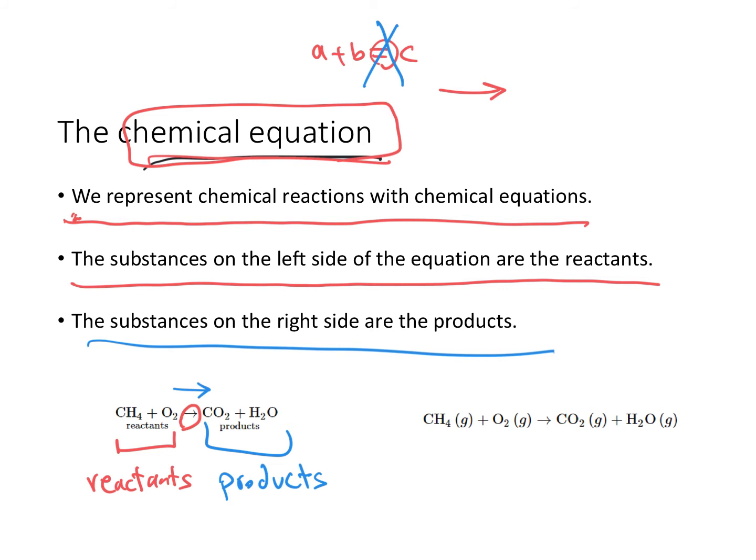Are they solid? Are they liquid? Are they gas? So for that matter, in parentheses in front of the substance, we write the state of the specific substance that we have. And we do that for all of the reactants and products. Any questions?